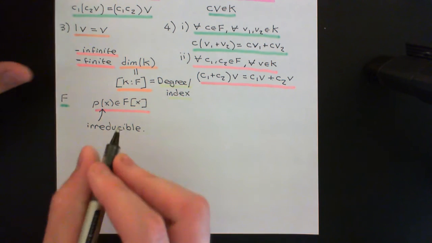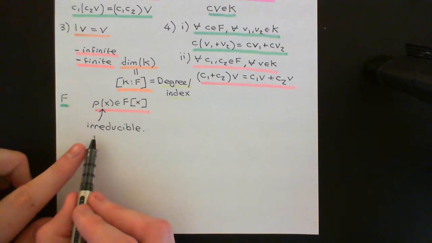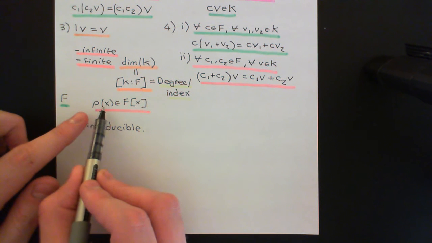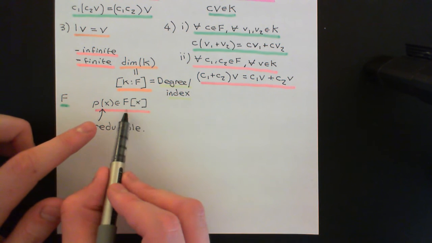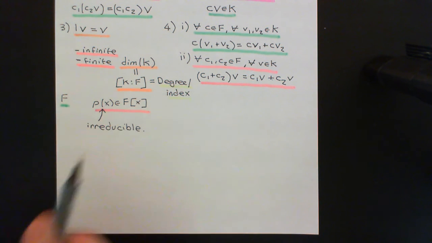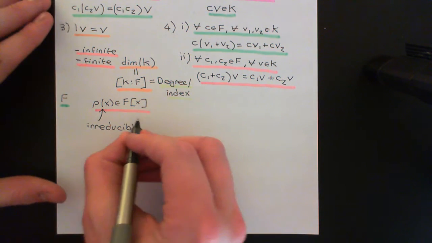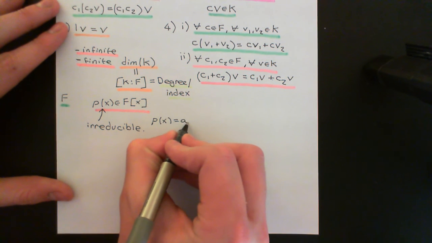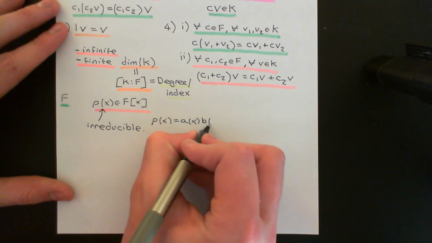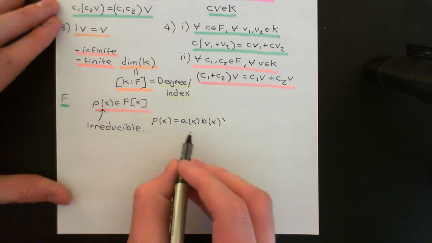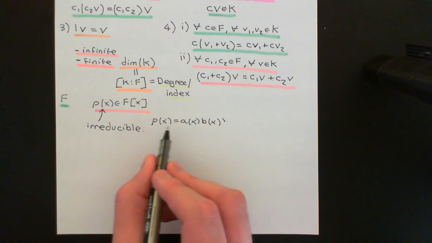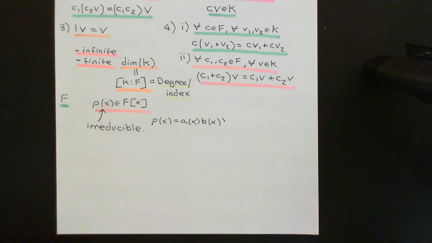Irreducible in the ring of polynomials F adjoin x here means that any product that you can come up with, and I'll write this out. So if you can write p of x as a product, let's say a of x times b of x here, then one of the two things that is multiplied together to give you p of x is going to be a unit.